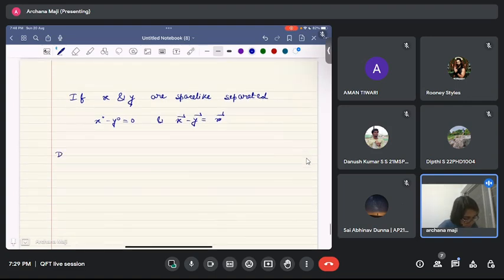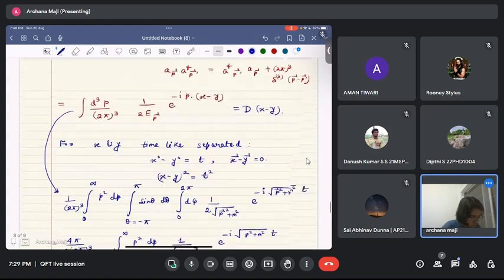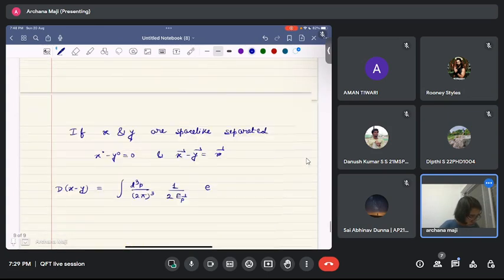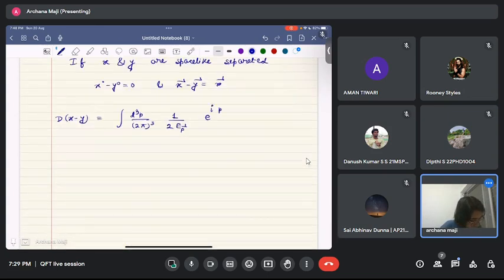Okay, then what happens to D of x minus y? That is d^3p over (2π)^3, 1 over 2E_p, exponential of, what was it, minus i p dot (x minus y), so that means plus i p dot r, right?